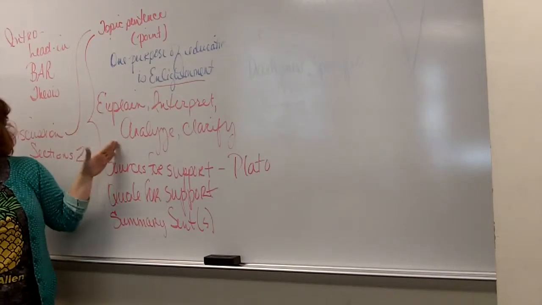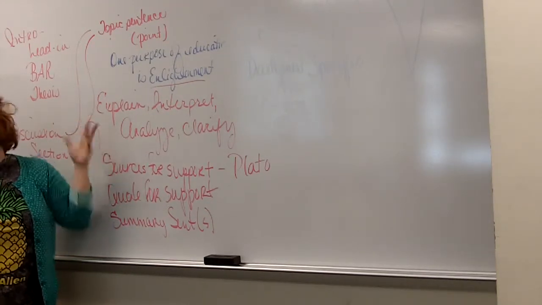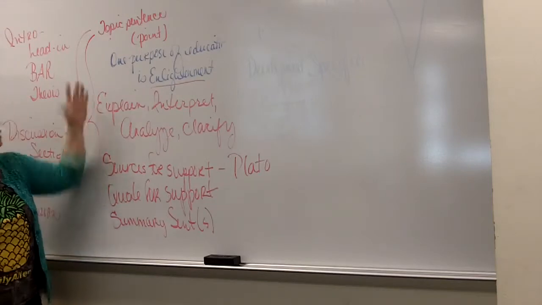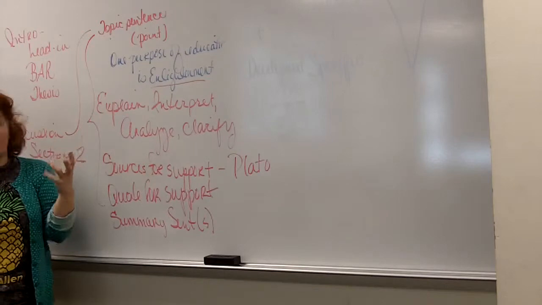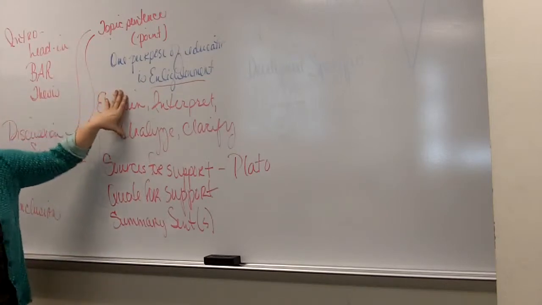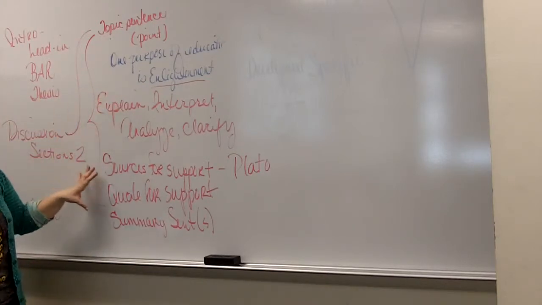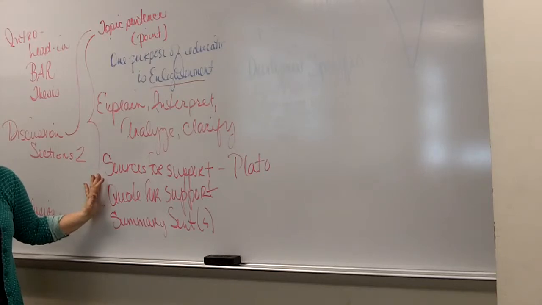Now, how many sentences is this? Depends on what works for you. This isn't necessarily a recipe. These are rhetorical moves, which means you could have an entire paragraph just explaining. You could have an entire paragraph just using a source for support.